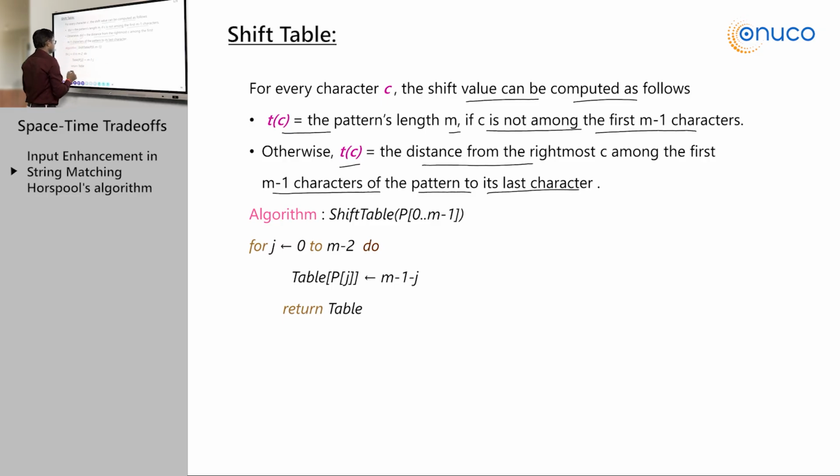What does it mean? For j equal to 0 to m-2, table of P of j is equal to m-1 minus j. See, as per the example, it is there in your textbook.